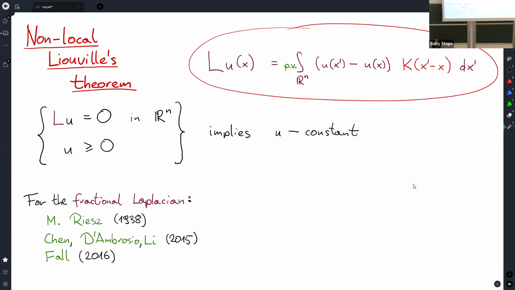This Riesz paper is famous among the potential theory crowd, but it's not so well known among people outside of that discipline. And there are really many results which have been reproved by the PDE community later with even more complicated methods.